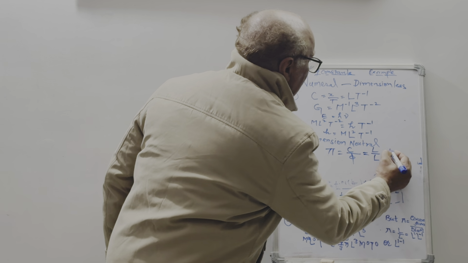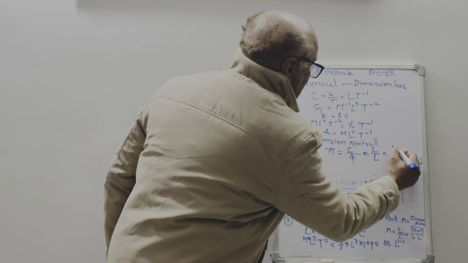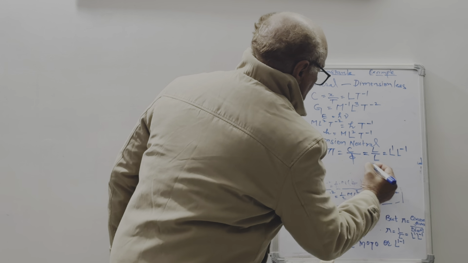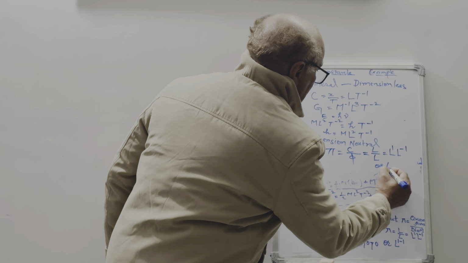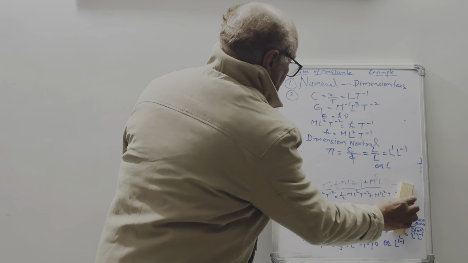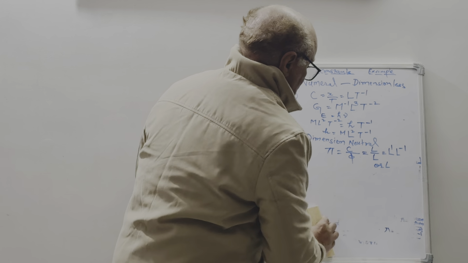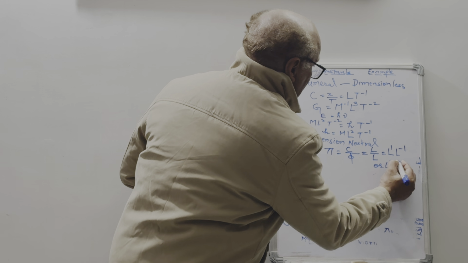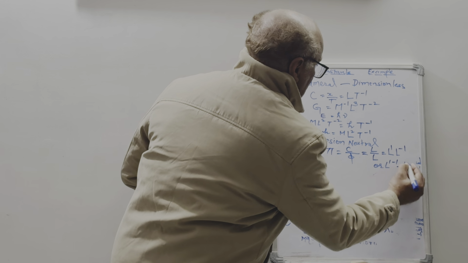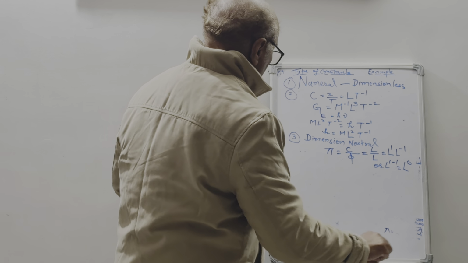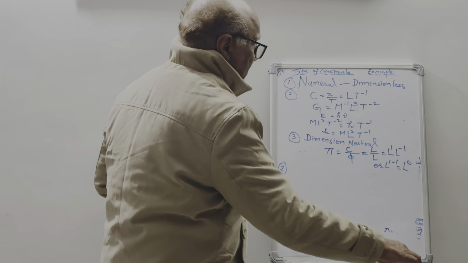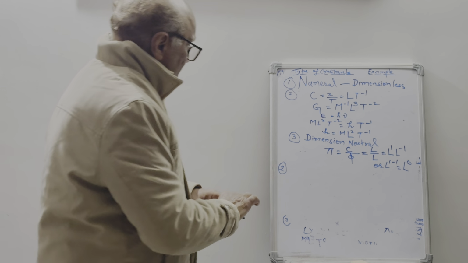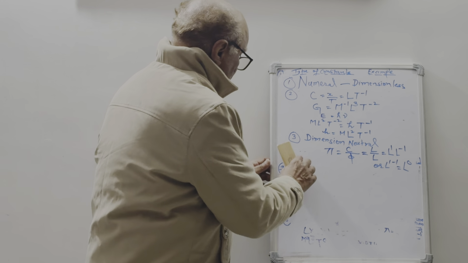That is L1 into L minus 1, or L one minus 1, or L0. So pi has no dimension in the sense that it is dimension neutral, but it is not a number.